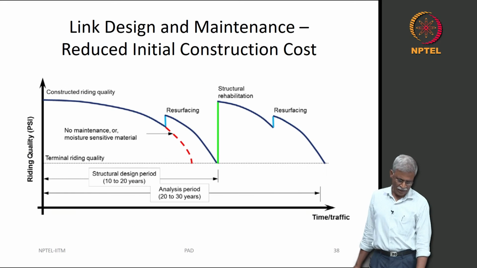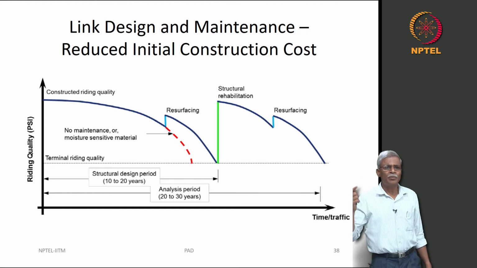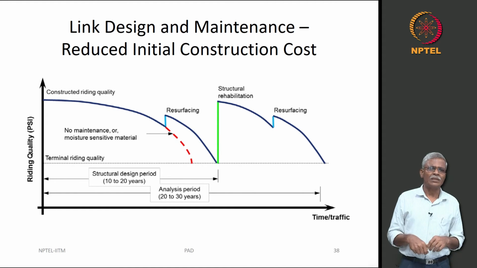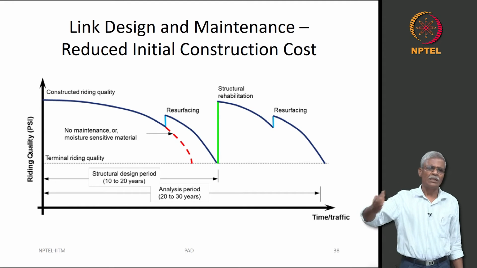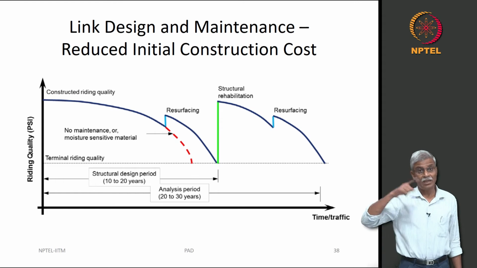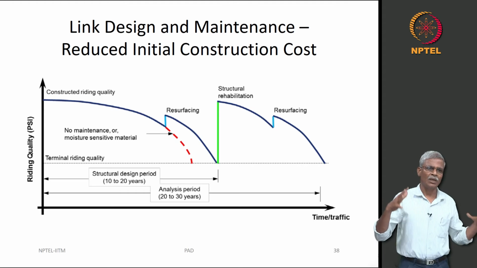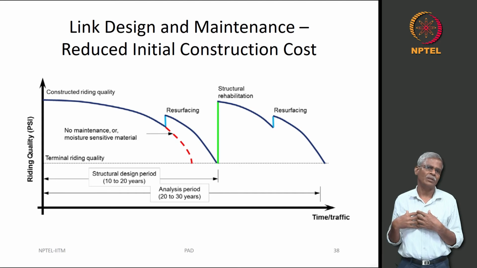So we will leave it like that. Yet another important thing as far as the South African manual is concerned is that when you do the pavement design itself, you link the design and the maintenance. That is something that we do not explicitly take into account in our pavement design process.